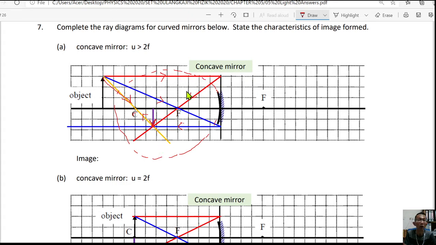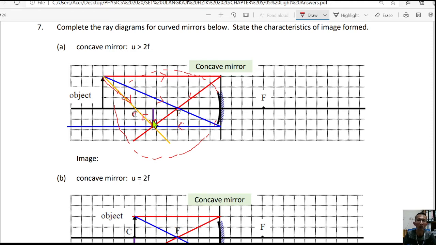For question 7b onward, you will see that I will be using the same colors. The red line would be parallel to my principal axis. The blue line will go through my focal point, and this orange line will go through my center of curvature.